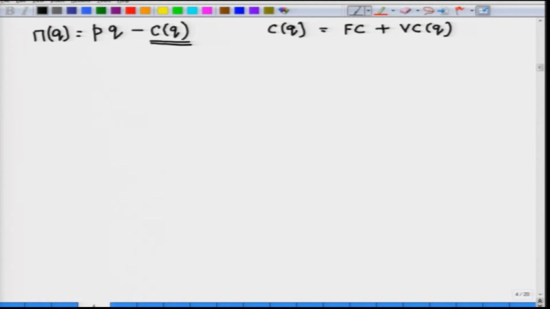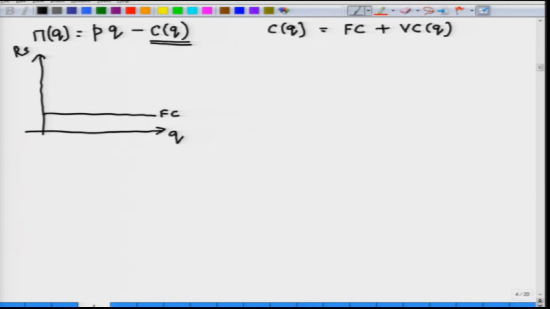So, if I draw a general cost function, I have Q on the x axis and I am measuring the total cost in rupees. The fixed cost does not depend on the output produced. So, the fixed cost function is essentially a straight line. So, this is the fixed cost.